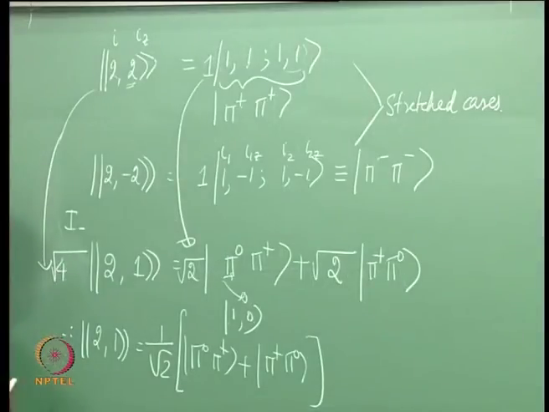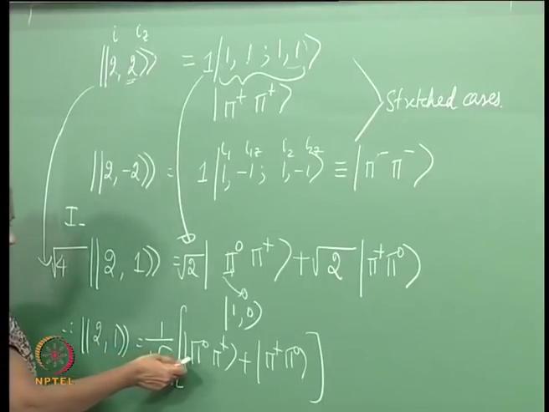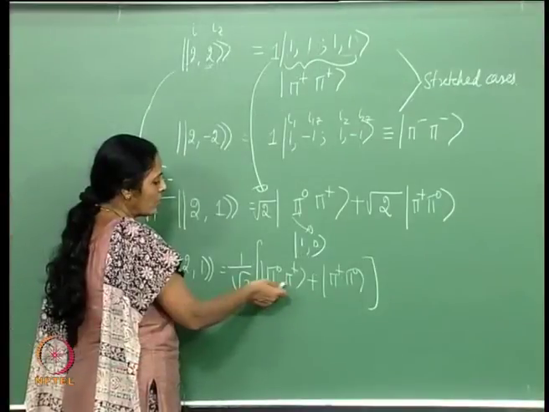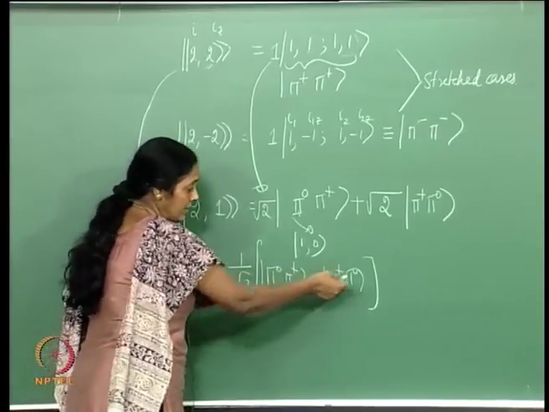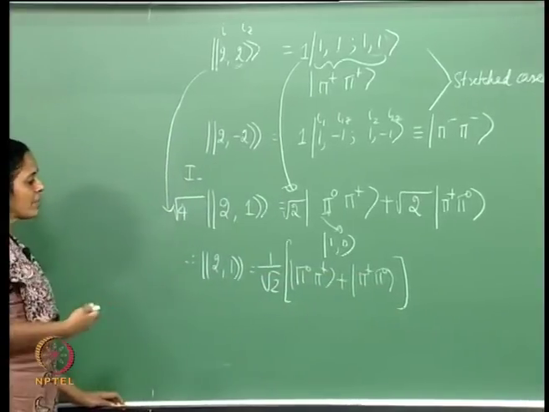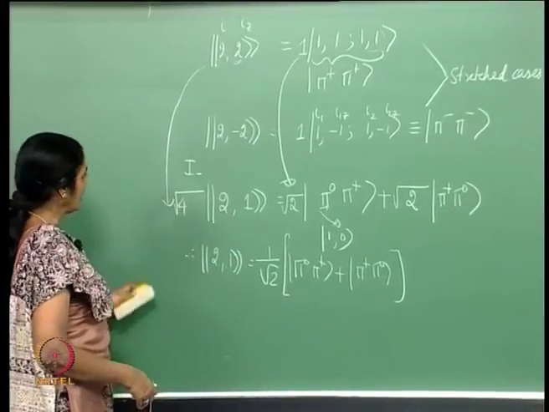Look at the I3 values or Iz values. Here Iz is 1, pi naught has Iz 0 and pi plus has Iz 1, so they add up to give me 1. Similarly here, that's a matter that should be checked out at every stage, that the Iz values are all right.